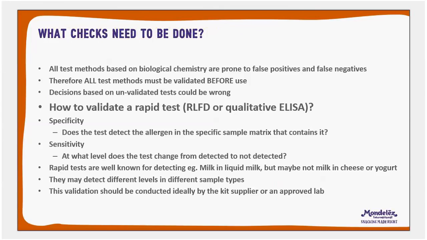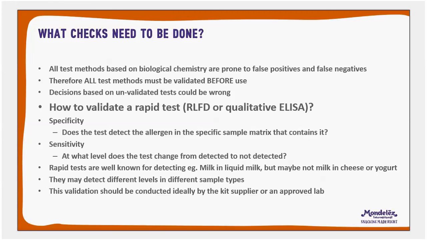Clearly, it is up to the laboratory to do the validation with the quantitative ELISA tests, but if a site is going to use some of these qualitative, quicker checks, they must do the validation, or at least commission the validation. And it's because decisions based on unvalidated tests could be wrong and could also be misleading.